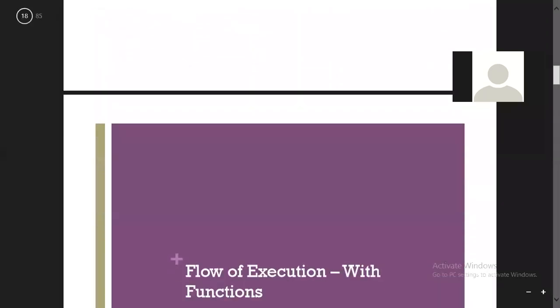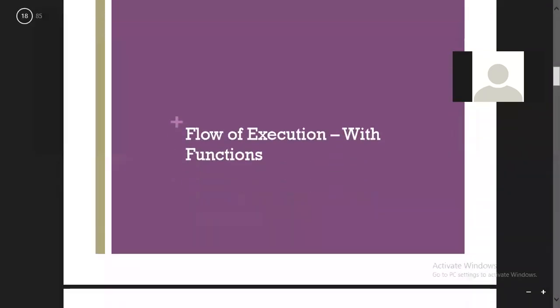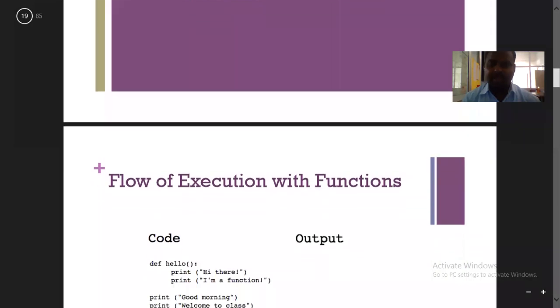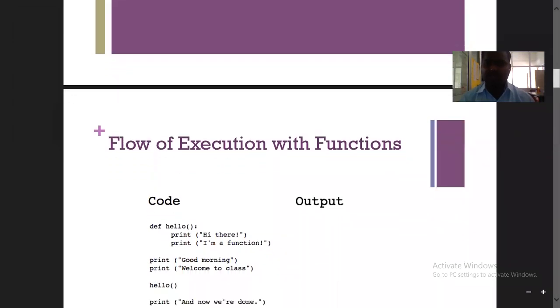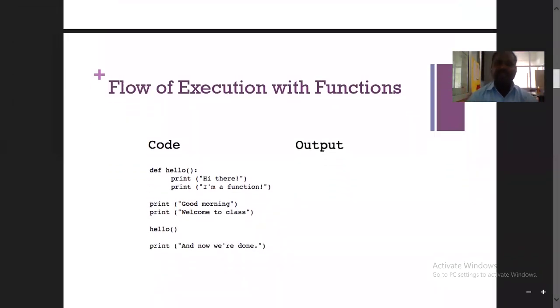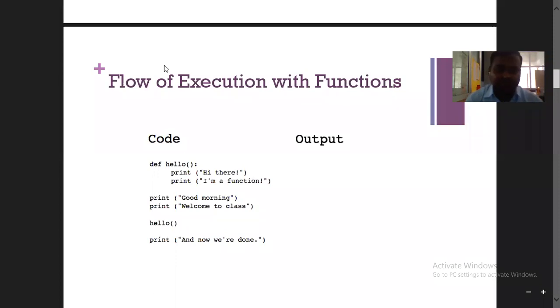Okay, good. See, now with the functions, these print statements and for loop statements are built-in statements. See here some user-defined functions. I will read this slide, flow of execution with function.